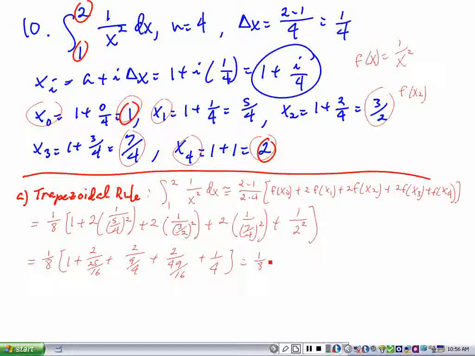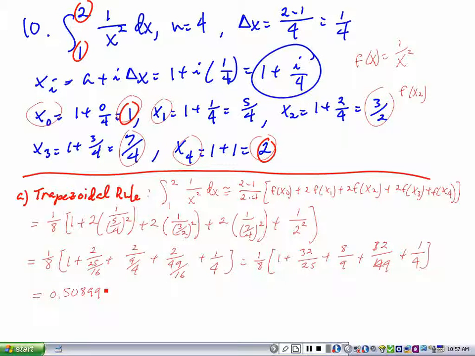If you want to do it by hand one more time, this is 1/8 times 1 plus 32 over 25 plus 8 over 9 plus 32 over 49 plus 1/4. Now this gives you 0.50899 precisely.